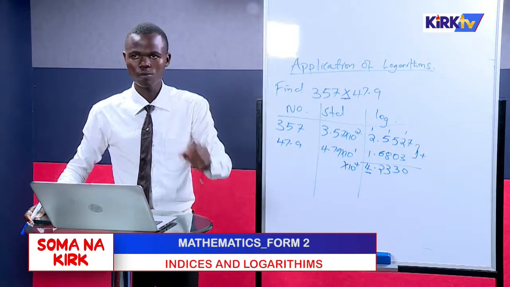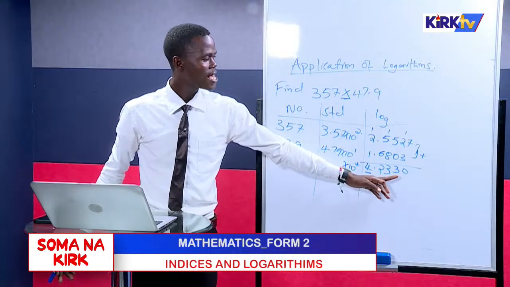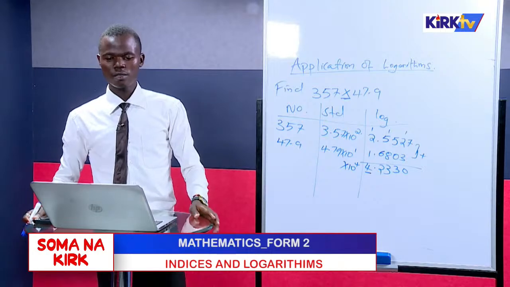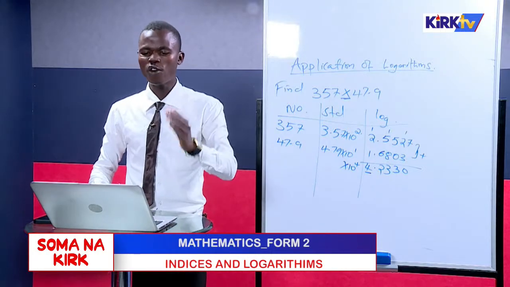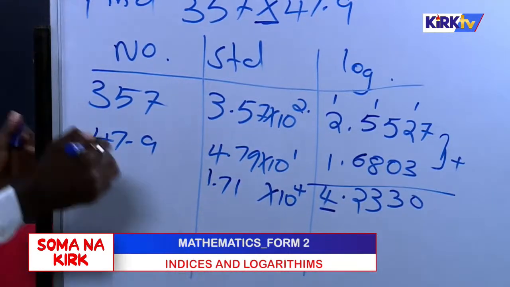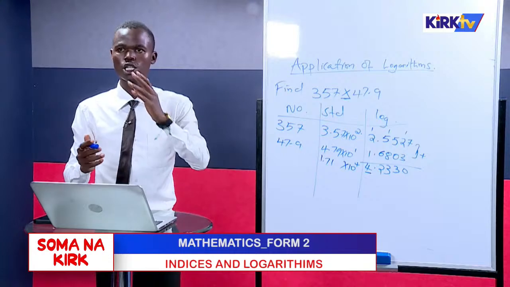In the logarithm table, you'll find where it's written the anti-logarithm. It will be 0.2330, which in the mathematical table, or the 4-figure table, will be 1.71. So from here, what do we do? In a normal circumstance, you can give your answer in two ways.